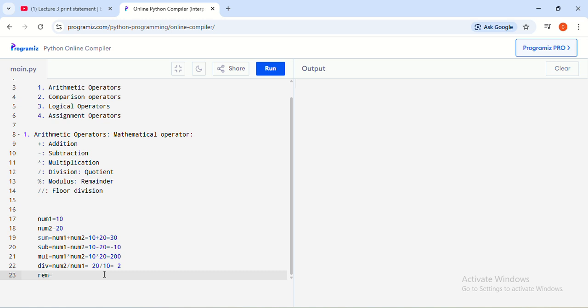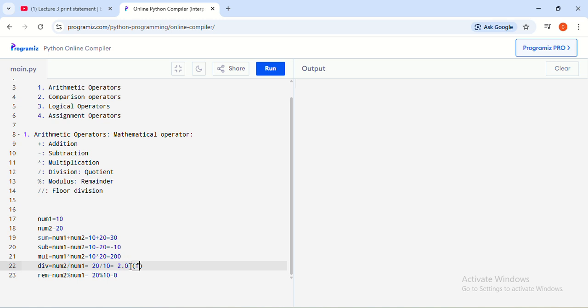If I take the modulus here, that is num2 modulus num1, so that will be like 20 modulus 10. Since 10 can divide 20 completely, the quotient will be 2, and the division's remainder will be 0 over here. And one more thing: in Python, when we use this division symbol, it always gives you the result in floating point number.